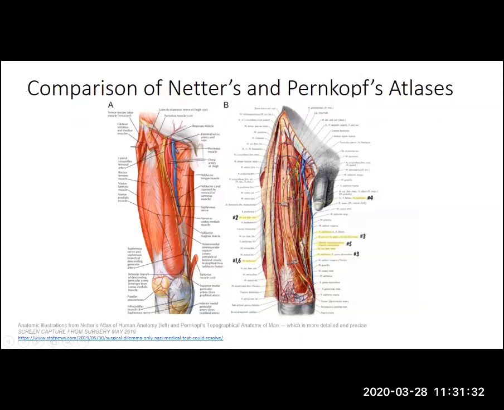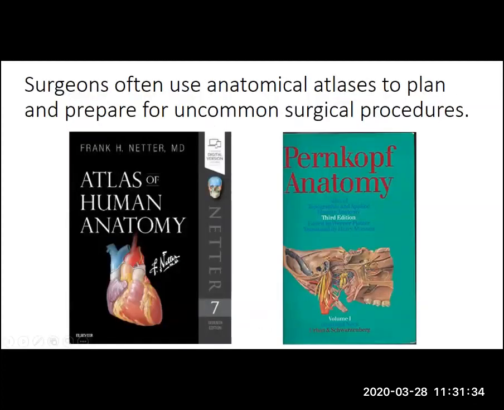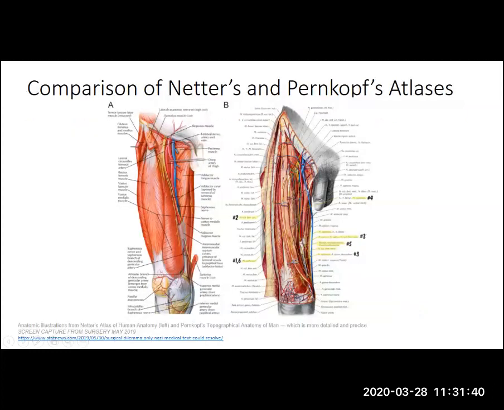And the reason why it's a superior resource, again, Netter is the one that's most commonly used in medical schools, Pernkopf's is one often used by surgeons, is the level of detail. In this case, and you don't have to worry about all the little names associated with it, this is the comparable region in Netter's atlas and Pernkopf's atlas.